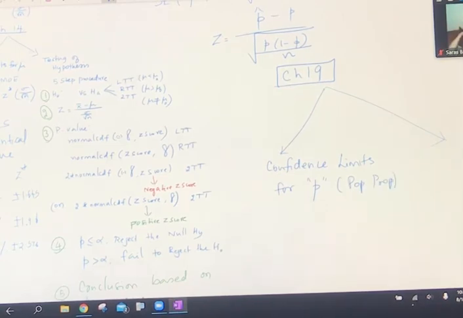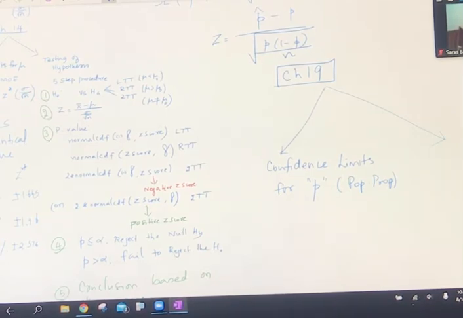The p hat, the p with the hat on, is the number coming from the sample, and that's called the sample proportion.